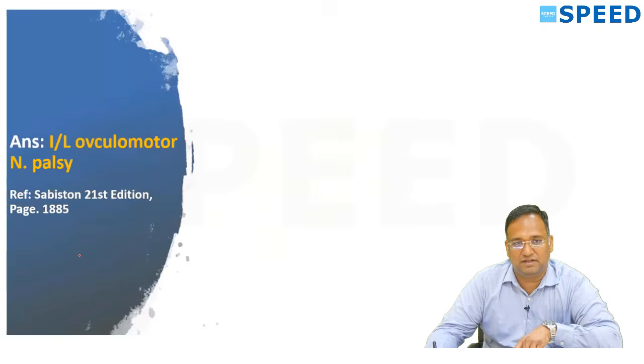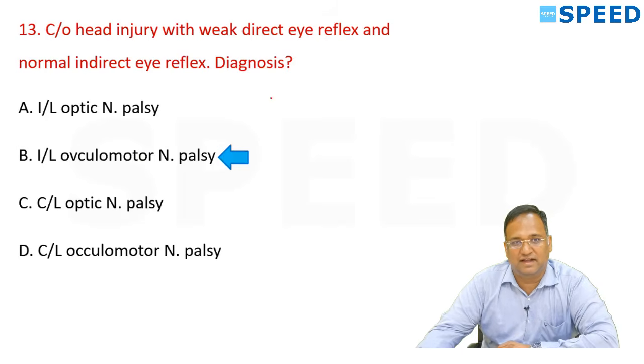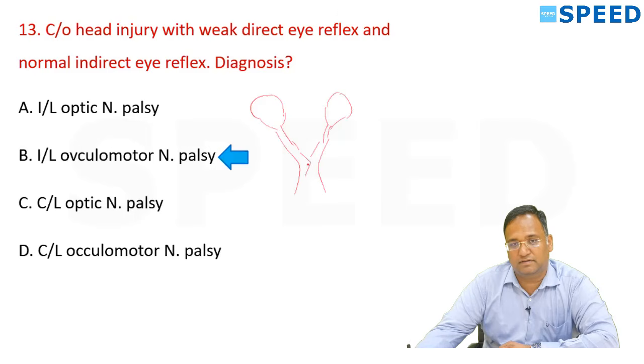Previously he was asking about the light reflex. There is a question here on the light reflex, and that is meant only with respect to the optic nerve. So, this is the optic chiasma.